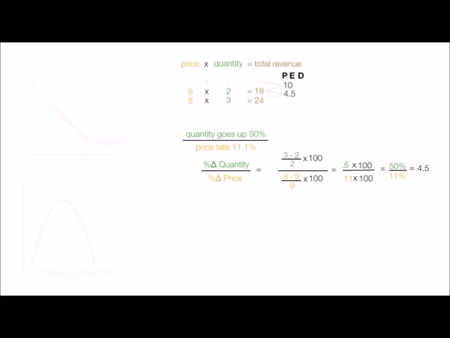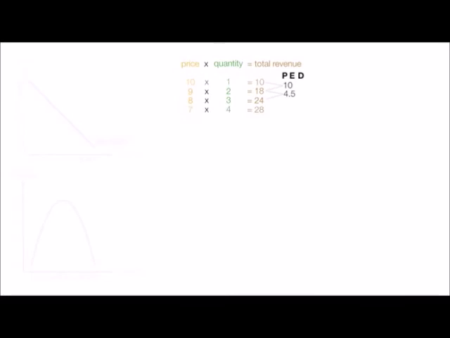I'm going to do one more for you so you can get the hang of it. When prices drop from 8 to 7, quantity goes up 33.3%, while prices fall 12.5%. This is equal to 4 minus 3 divided by 3 times 100, all divided by the percent change in price, which is 7 minus 8 divided by 8 times 100.